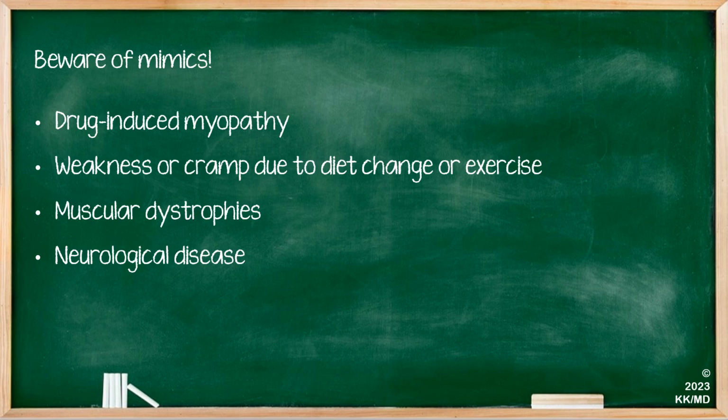Some of the most commonly encountered ones would be drug-induced myopathy, weakness or cramp due to diet change or exercise, muscular dystrophies, and other neurological disease such as strokes, for instance. So it would be really important to focus on your clinical history and your examinations to try to really nail the diagnosis.